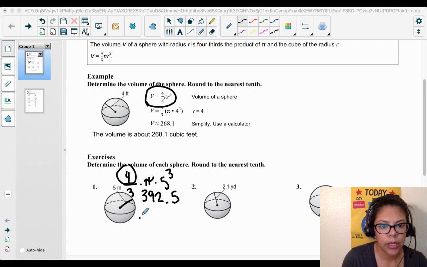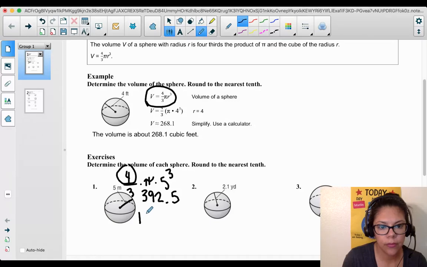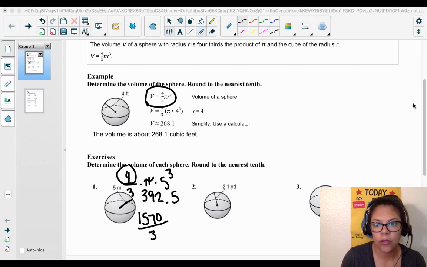So we're going to get 1570. Oops. Divided by 3, because we still have the third. So divided by 3.